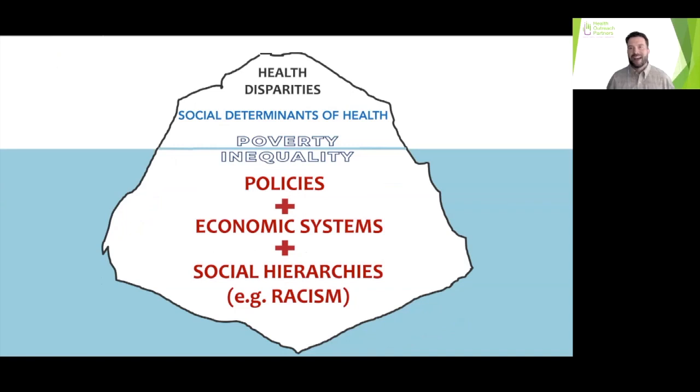So with this iceberg image, those health disparities that are at the top are easier to point to. And that's why sometimes it's easier for us to point to individual behavior, for example, with the diabetes map, often with diabetes, we point to, oh, well, people are making poor decisions about their diet, or they're not getting enough exercise.